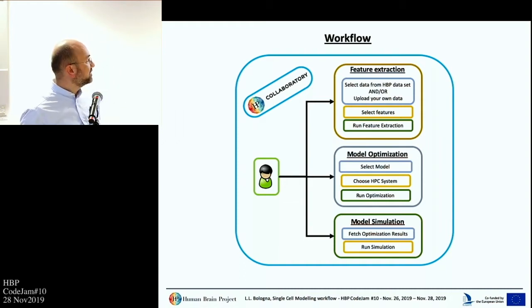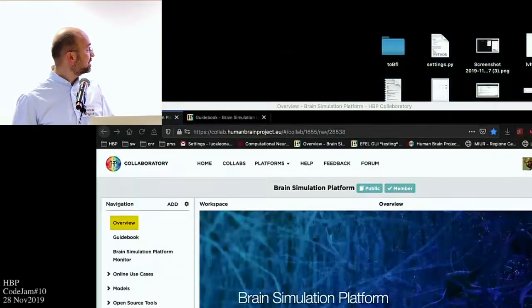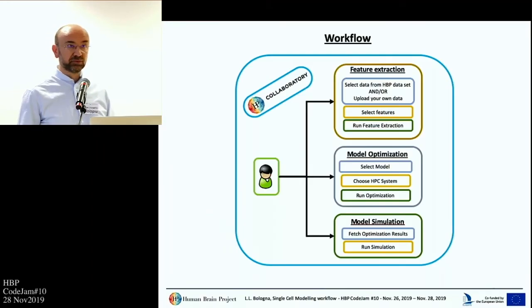So basically we have the data, we select the features that we want to extract, we will see which these features are in a few minutes, and we run the feature extraction, and finally we are provided with some results of this step that we can feed to the second step, which means the optimization step.